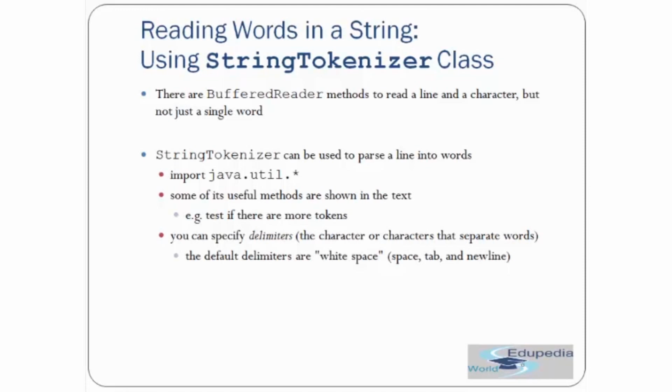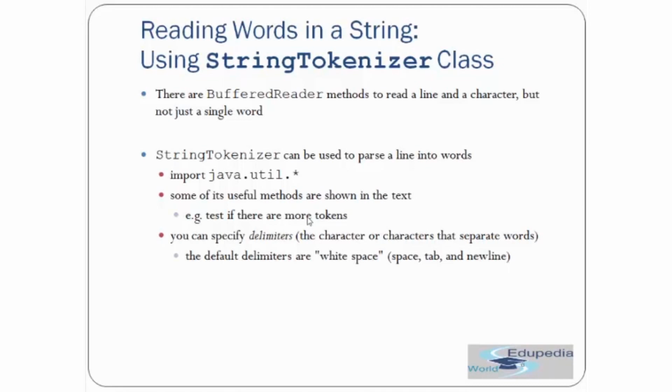StringTokenizer can be used to parse the line into words. It is in the java.util package, and this class has some very useful methods which are shown in the text. Let's see an example. You can specify delimiters, that is, the characters that separate the words.